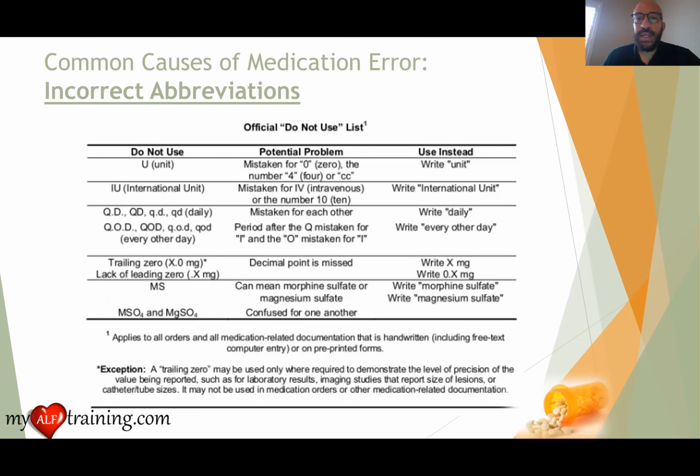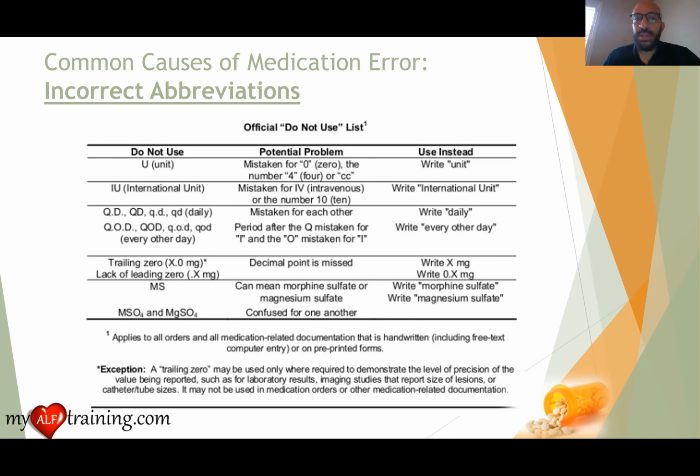So first, I want to talk about incorrect abbreviations. Basically, this slide is very straightforward. I listed for you the official Do Not Use list. You see it here on the slide. I'm not going to read it to you, but I'm going to talk you through it. Do not use, on the left-hand side column, a U for unit.